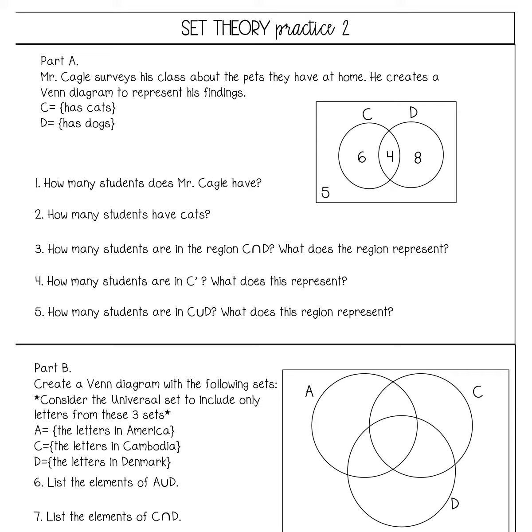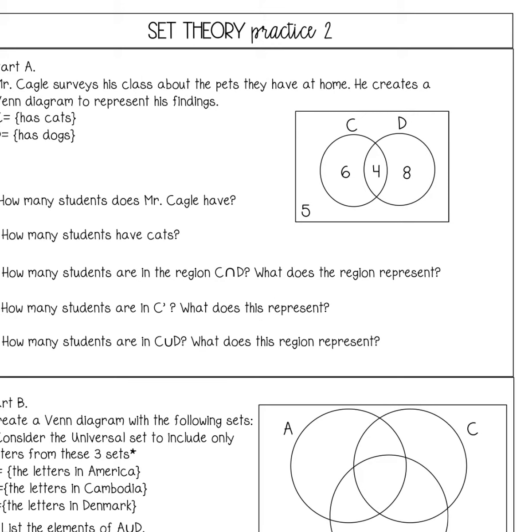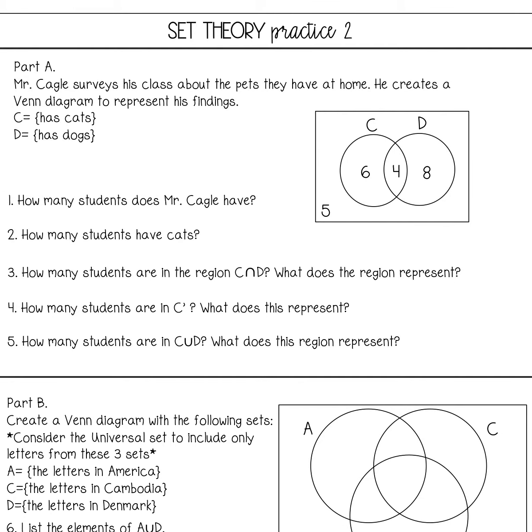So on this one, it's important to understand that some of these guys will be counted twice. So we're going to walk through it. So let's circle as we add them up. How many students does he have as we add them up? We're going to circle them so we know we've used it. So 6 plus 4, plus 8.